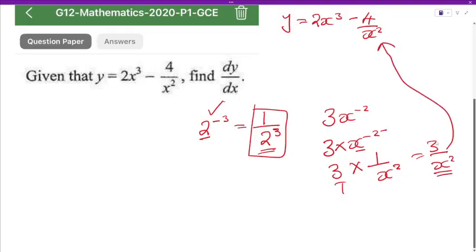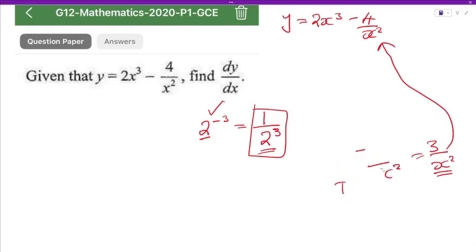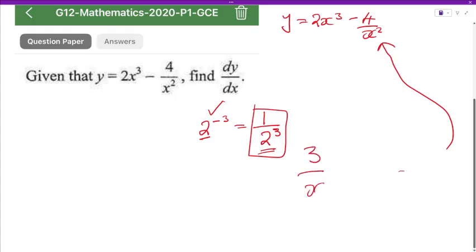So now we need to bring it back to its original version. What is the easiest way to do that? Let's use this example: 3 over x squared. All you have to do is write your 3, your base goes upwards, and the power becomes a negative.